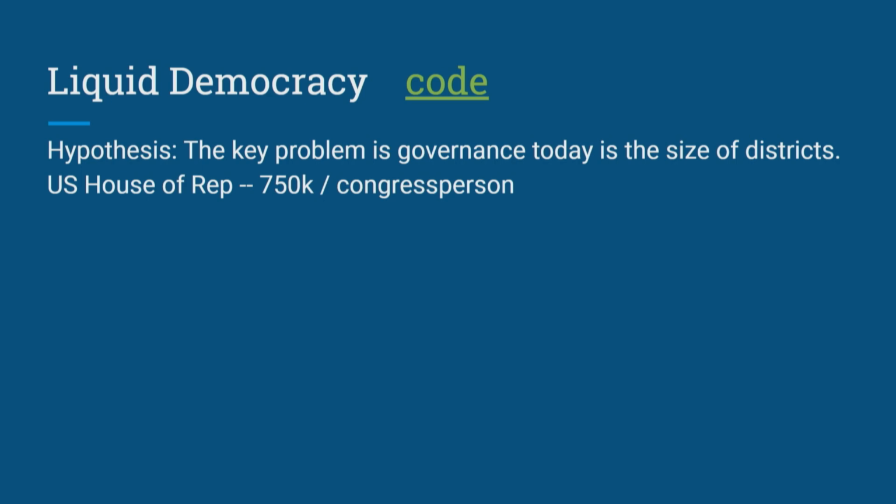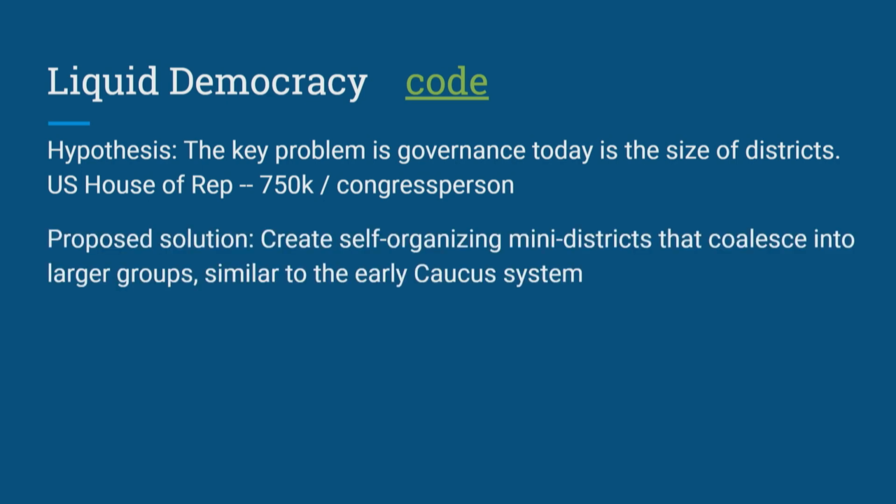Briefly, just real brief, because we're at the end, I want to talk about liquid democracy. The hypothesis is that the biggest problem with government today is that districts are too large, that you have 750,000 citizens represented by one congressperson that almost none of them know or have access to.